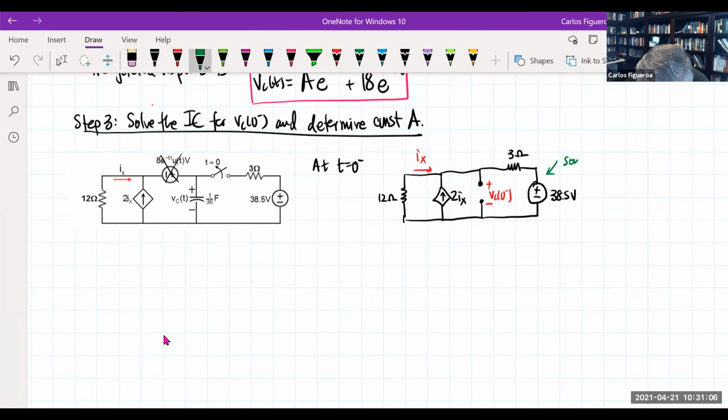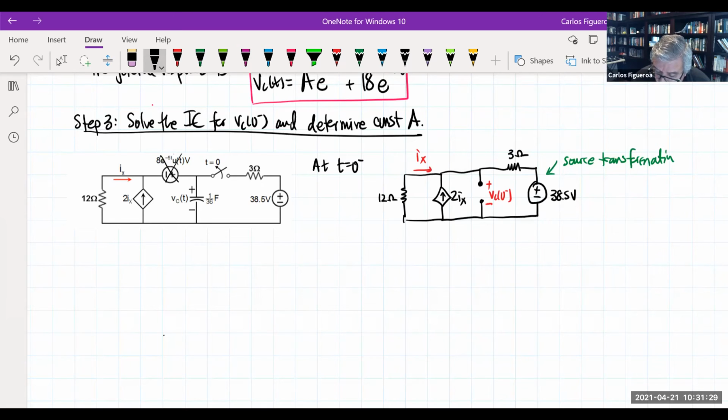If I do a source transformation, then all elements are going to be parallel. And if they're all parallel, I can add the two current sources, and then I'm going to get a nice simple circuit that I can do here. So let's do that. Let's do a source transformation.